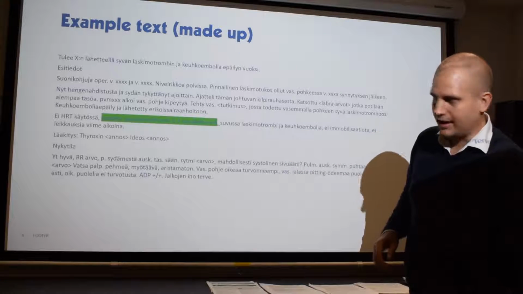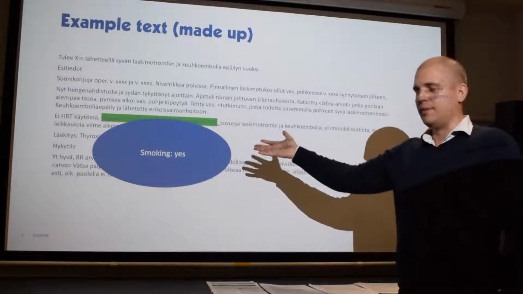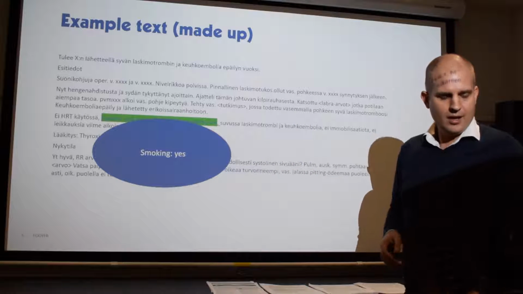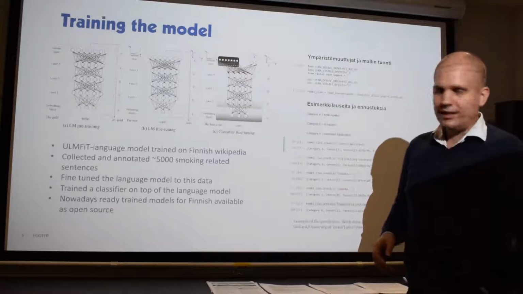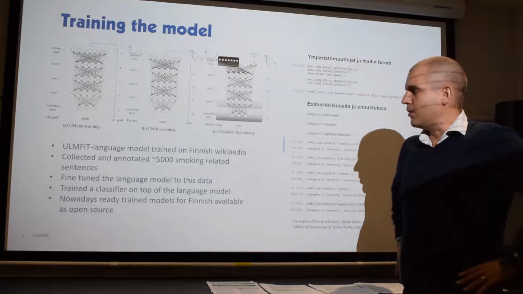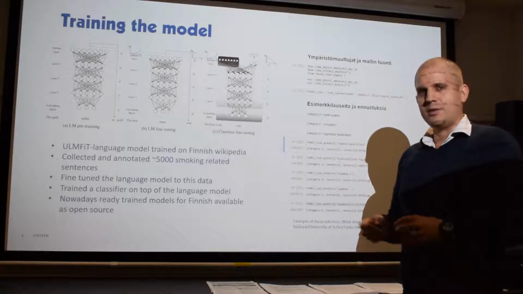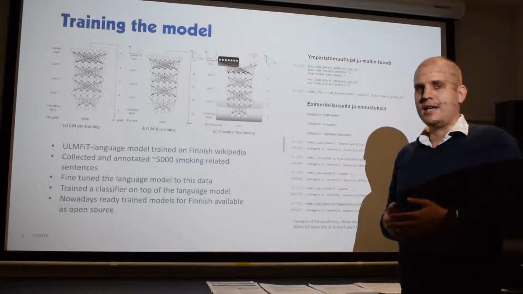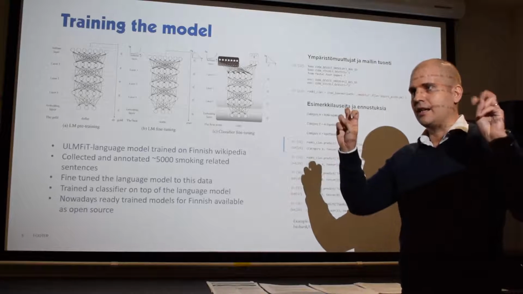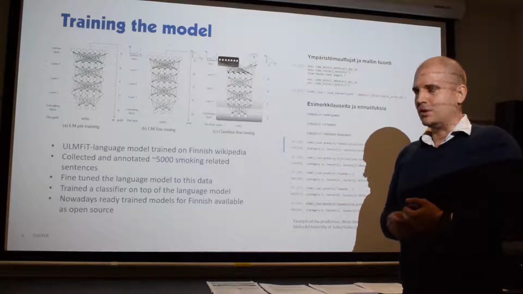In this particular case, we just say that, okay, the patient is smoking, and so on. The way we achieve this is by training a ULMFiT language model on the Finnish Wikipedia. What this means is that we downloaded the Finnish Wikipedia text and showed the language model what the Finnish language looks like.